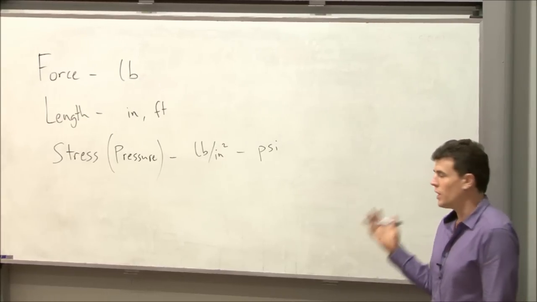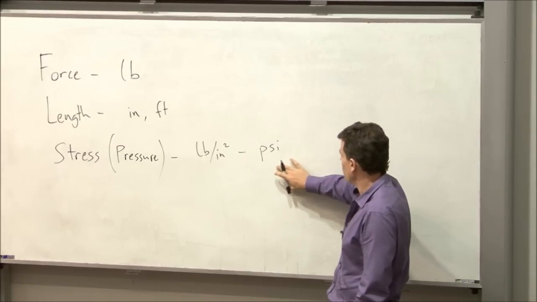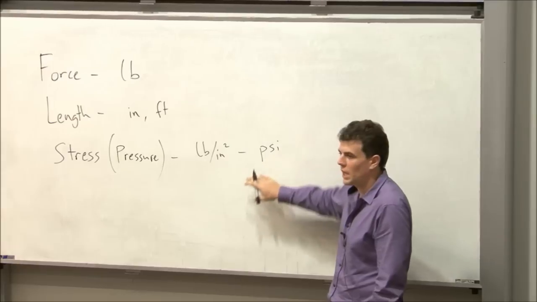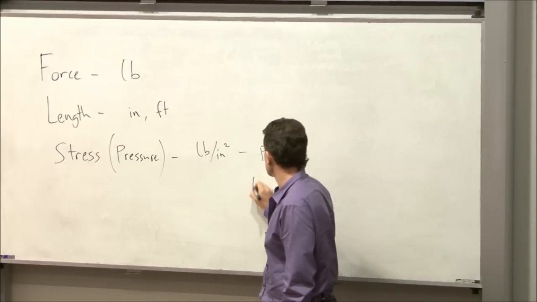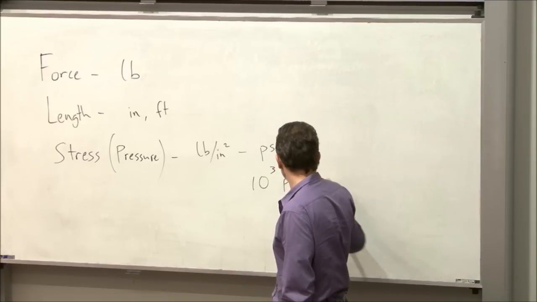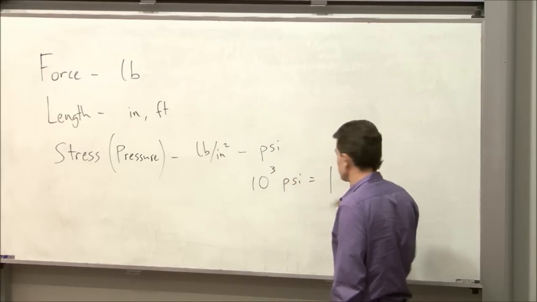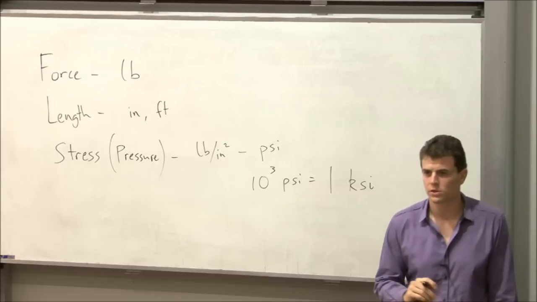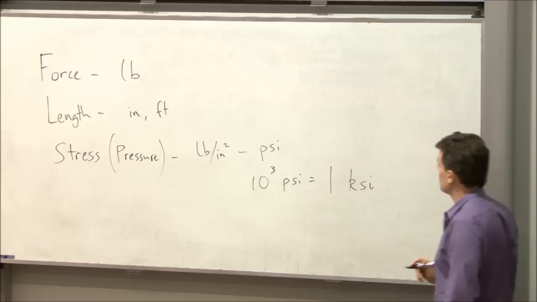And because we don't tend to have things that are in the right orders of magnitude to use PSI, we use multiples of that. So 1,000 PSI is 1 KSI, and that's a kilopound per square inch, or a kip per square inch.